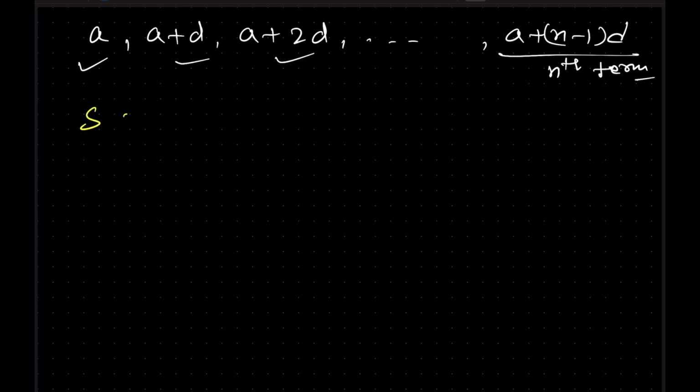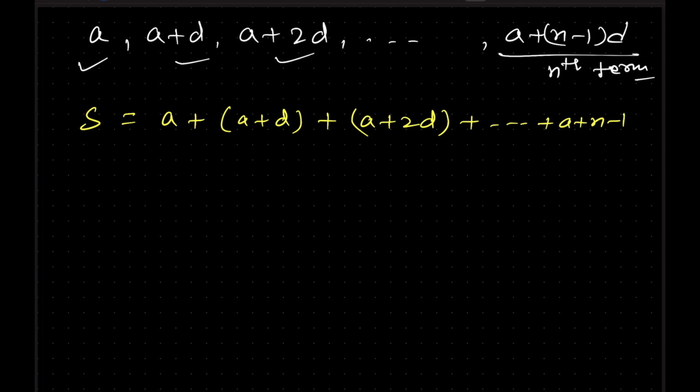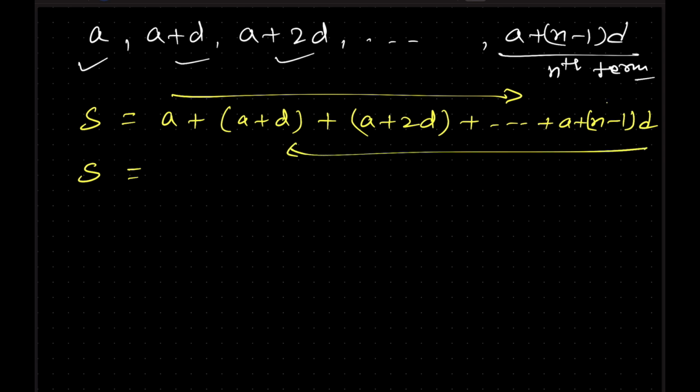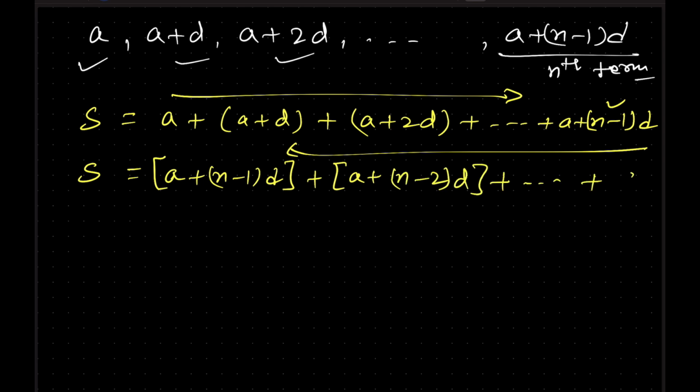Let's say the sum is S: A plus (A plus D) plus (A plus 2D), and similarly the last term is A plus (n minus 1) times D. Now write the same S again, but this time not left to right, rather from right to left. So we write the last term first, A plus (n minus 1)D, then the second last term, A plus (n minus 2) times D, and so on, and the last term will be A.